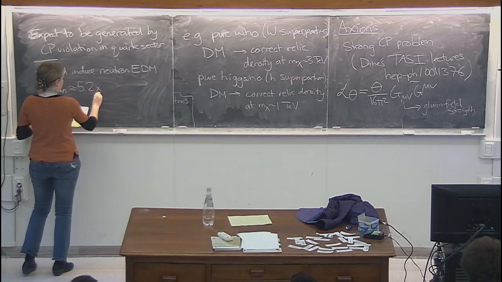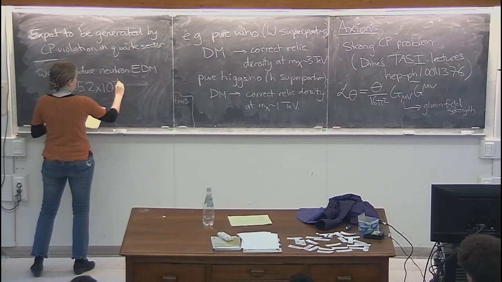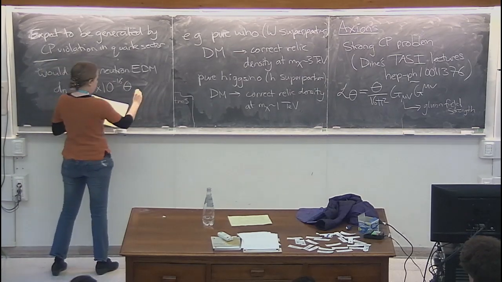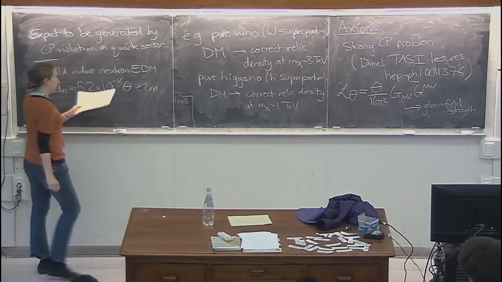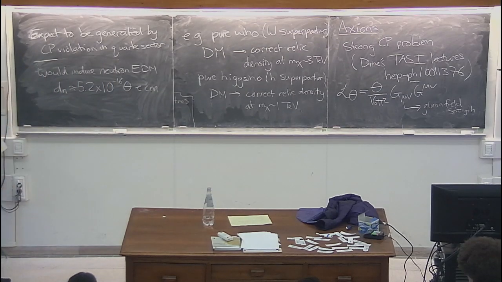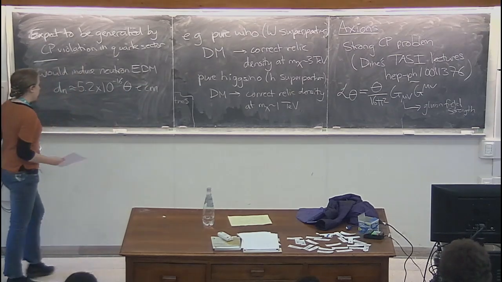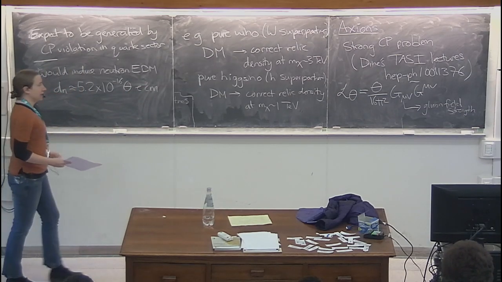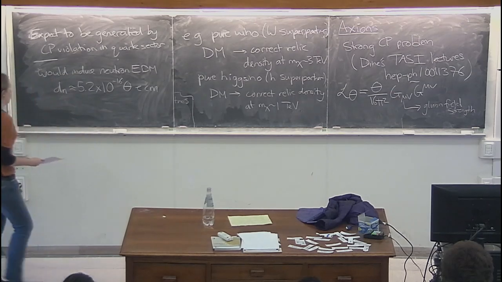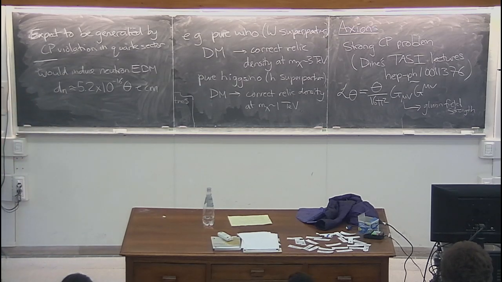And my sources tell me you would expect this to be pretty small in terms of this theta parameter, in terms of e times centimeters. This is like the charge, this is the length. You'd expect this to be like 5 times 10 to the minus 16. So that's a pretty small number. You might say, okay, this is fine, this seems totally reasonable.